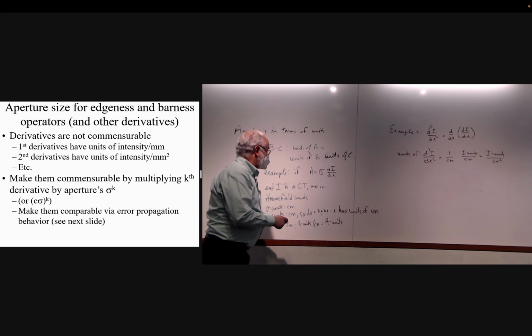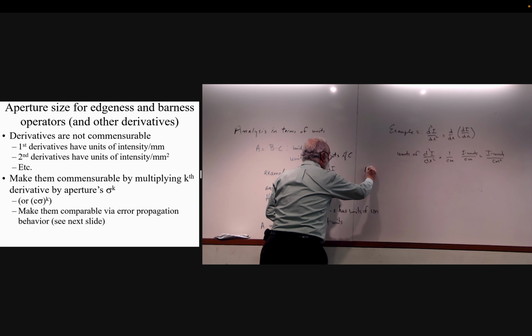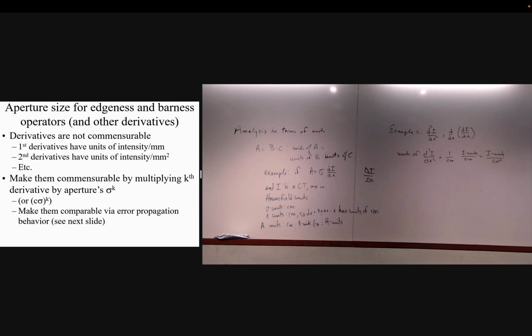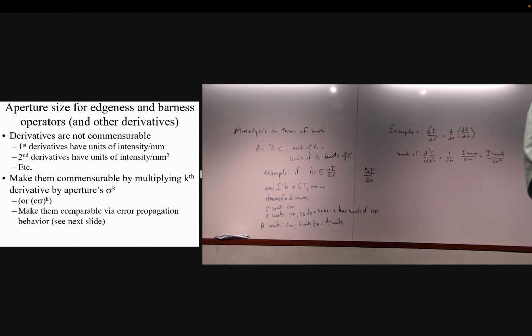dI by dx, you want to think of as basically a limit as delta x gets small of delta I, in other words, I at some place minus I at some other place, which is the difference of two things that are in intensity units.